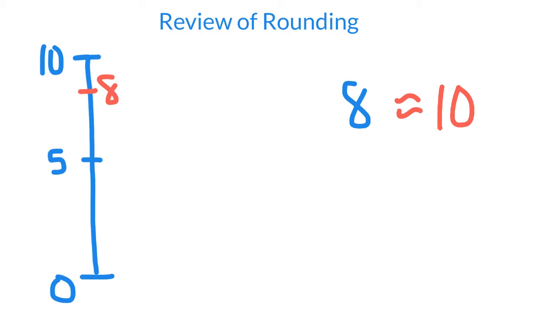But what if we had another number greater than 10? Let's say we have the number 23, and we need to decide what 10 23 is closest to.